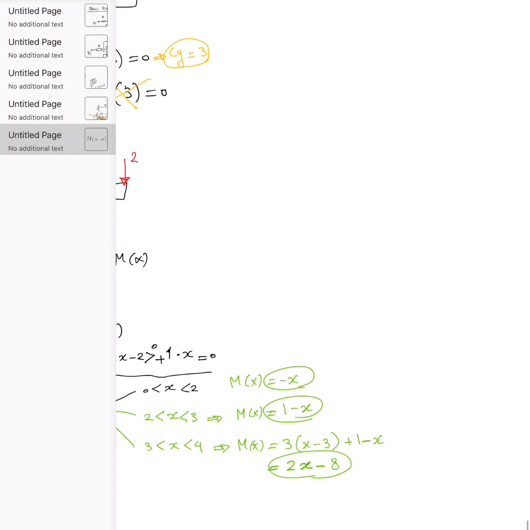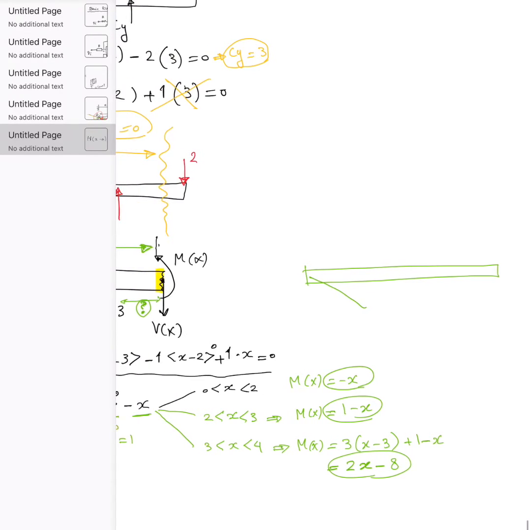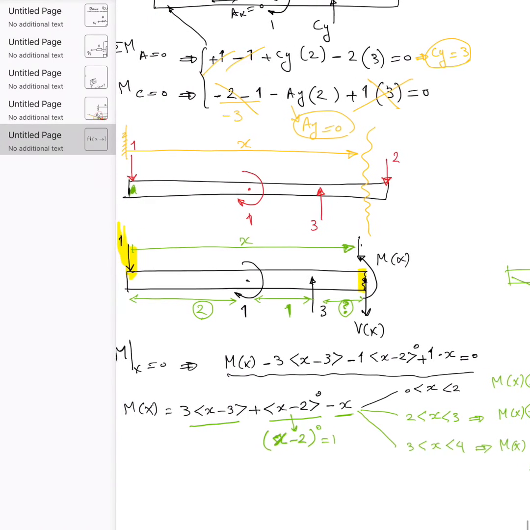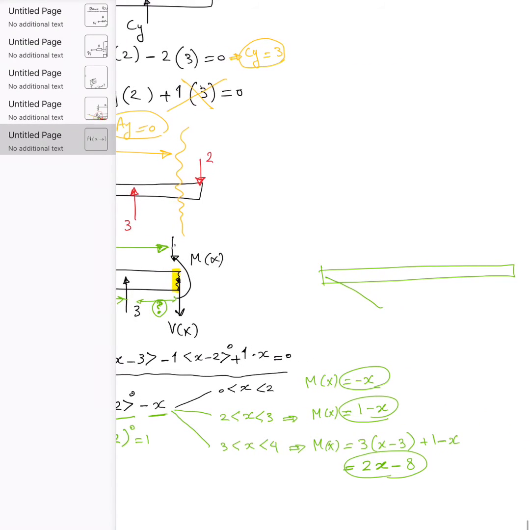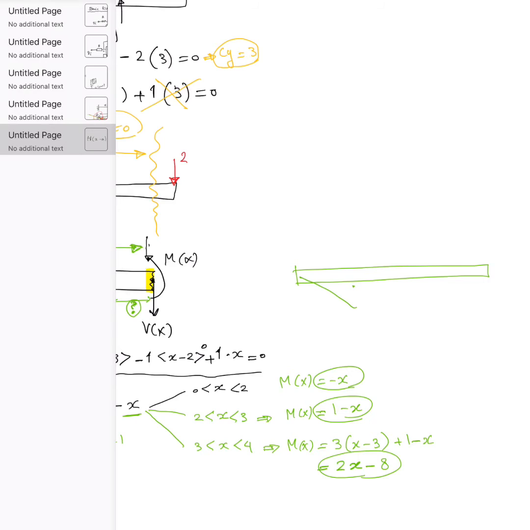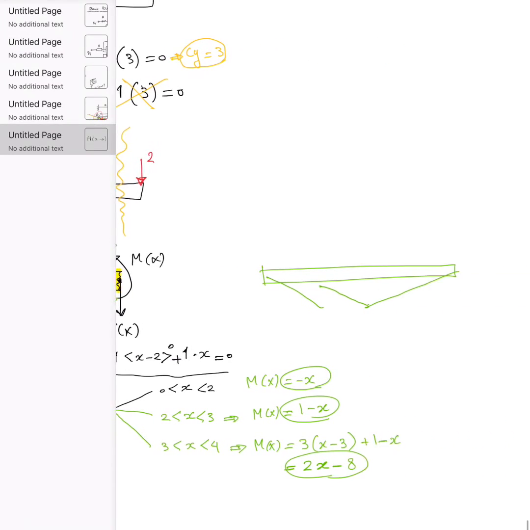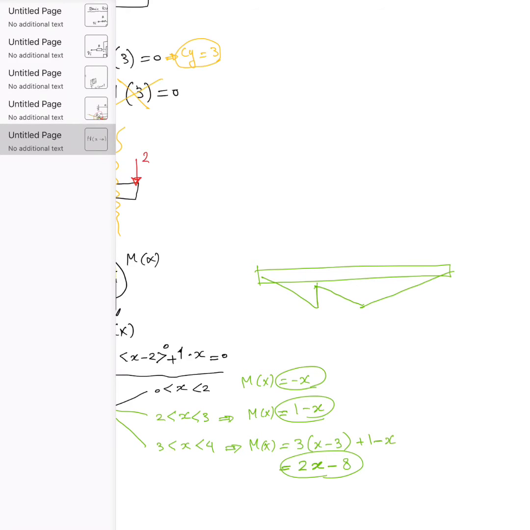If I want to plot it right here on the beam, first you have a negative x, and then at point 2, if I put x equal to 2, this goes right here, and you have something like this again. Then the slope becomes positive, and you go like this. So that's going to give you a moment relation. So you have a jump right here.